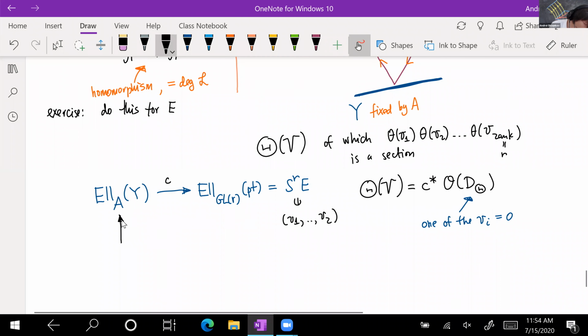A acts trivially, so we might as well consider the inclusion of a point here, and we can ask what's the degree of this bundle pulled back here. So the degree, just inclusion of any point, doesn't matter, so we fix some point y.